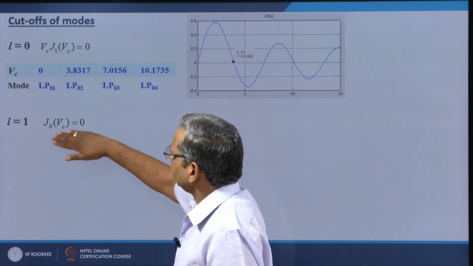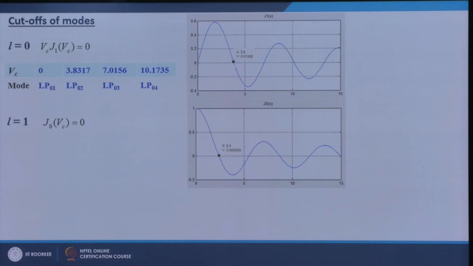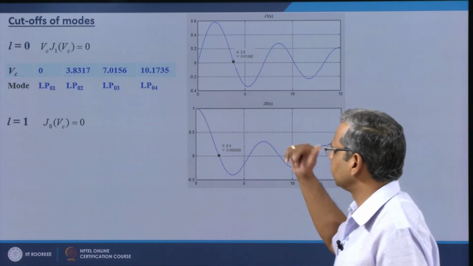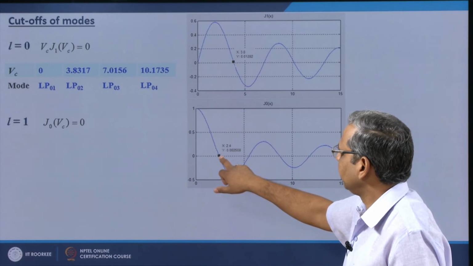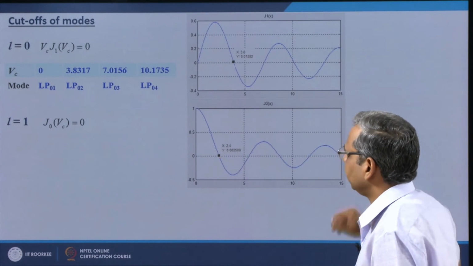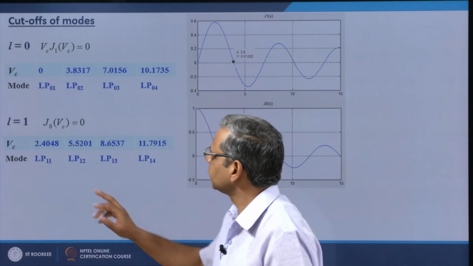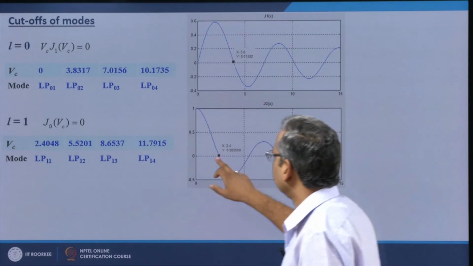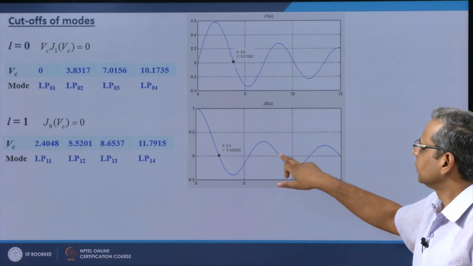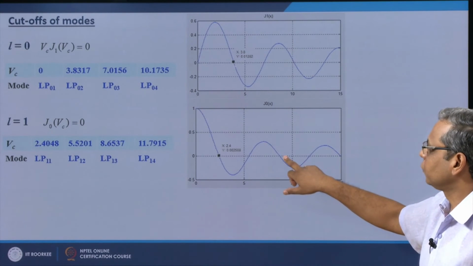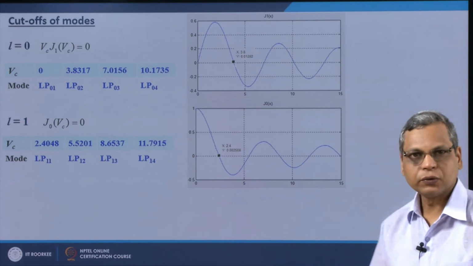So, what are the zeros of J0 now? Let us plot J0 x, and J0 x goes like this, and we find that the first 0 is around 2.4 and so on. Let us list the zeros of J0 x. First 0 is 2.4048, second is 5.5201, third is 8.6537 and 11.7915 and so on.